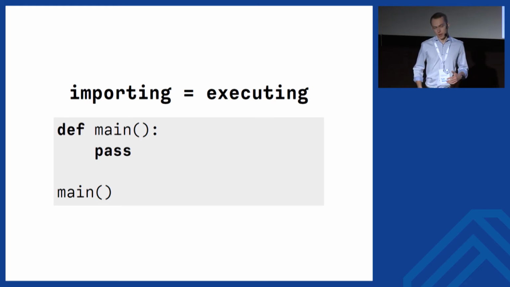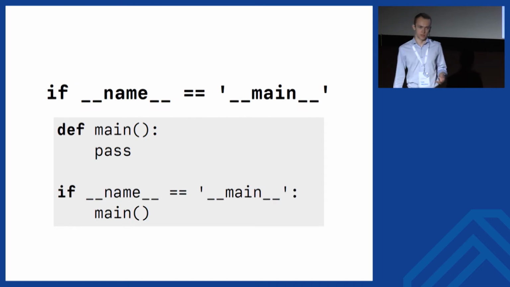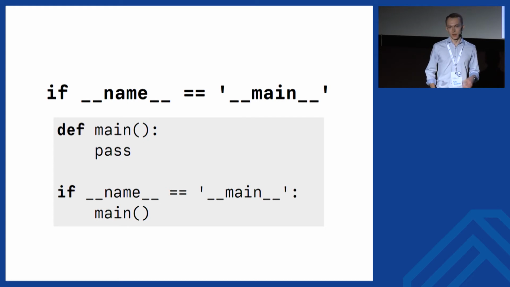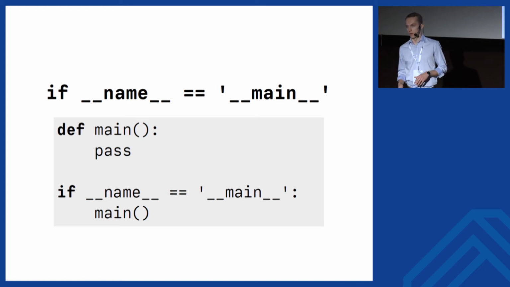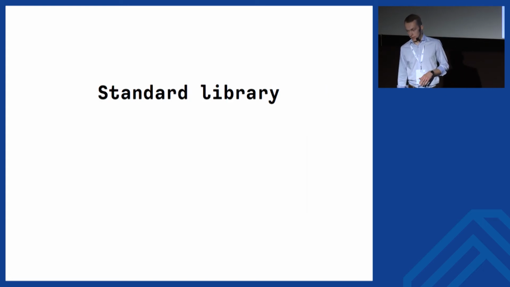If you want to have a file that you can either run or import, then you can use this if __name__ == '__main__' idiom. __name__ is a variable that stores the name of a module, and if you are running this module from a command line, that name would be __main__. So you can use this to separate code that will be executed when you run your code from the console.